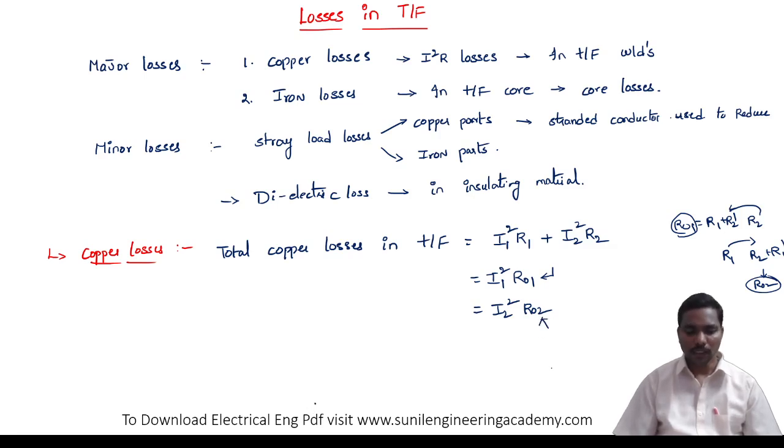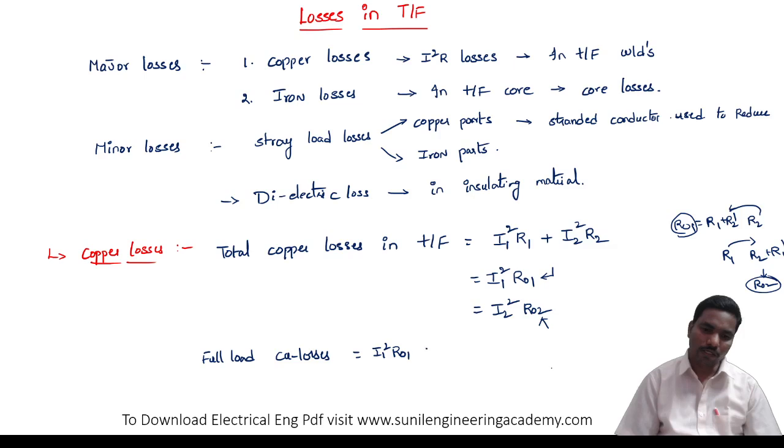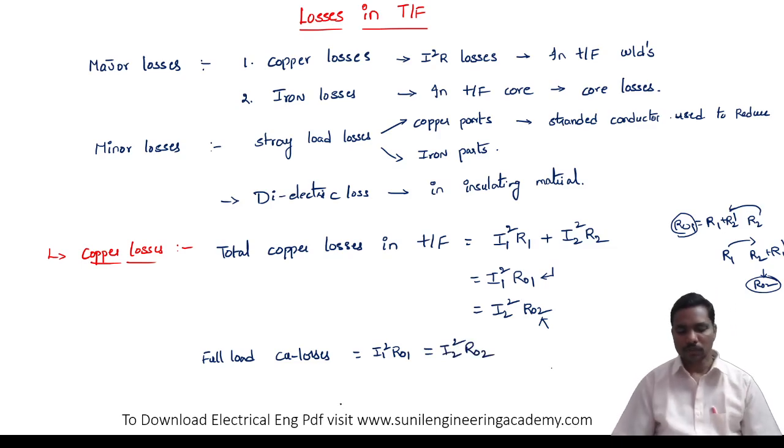That means the full load copper losses equal I1 square R01, which is equal to I2 square R02.